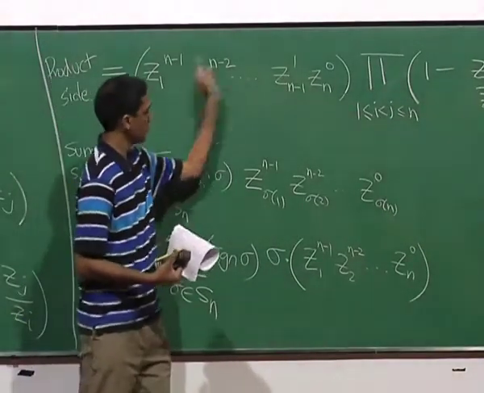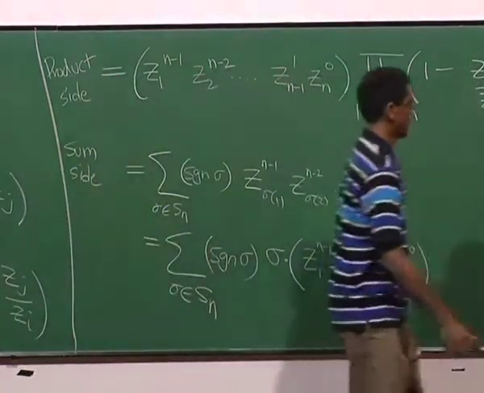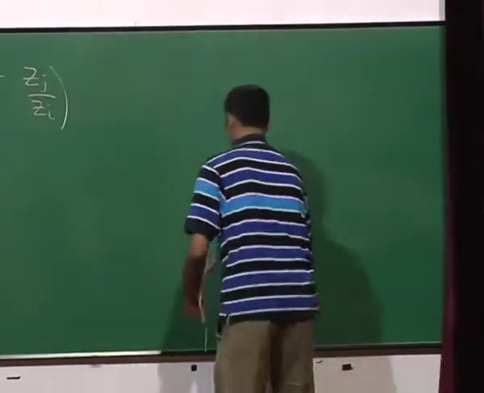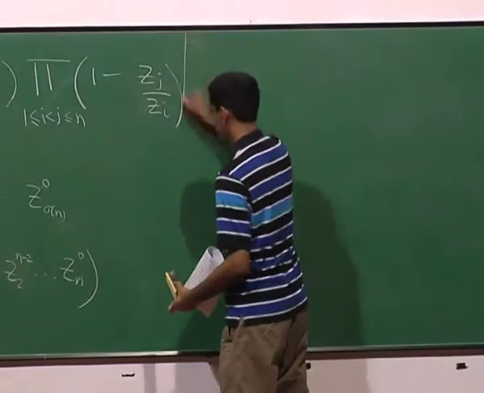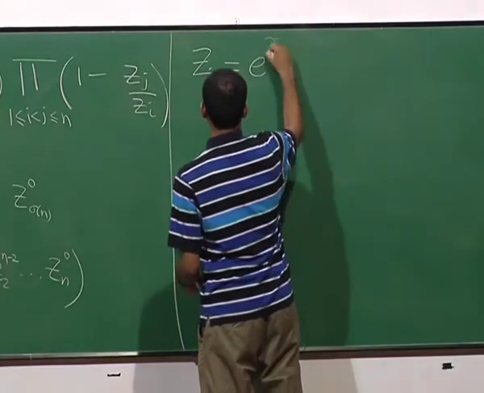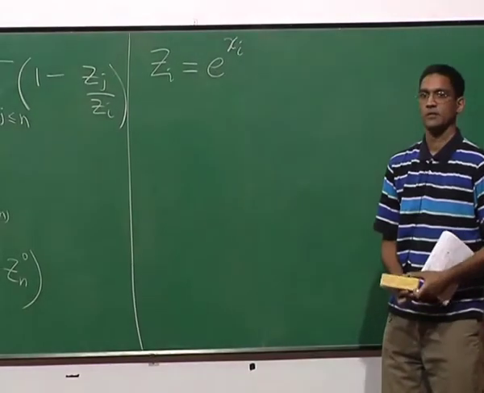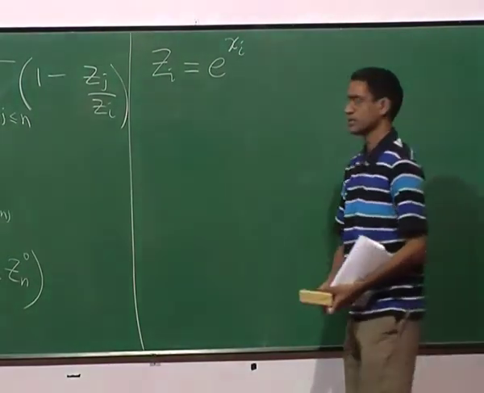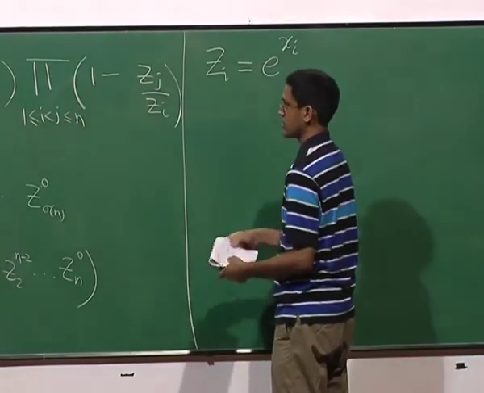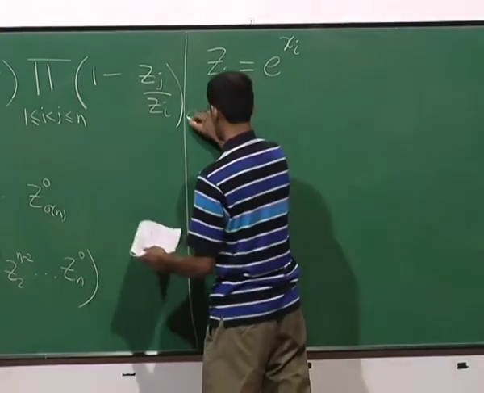So this term here will now play a role. Let me do one further manipulation to get it into the form I want. I'm now going to change variables. Instead of variables zi, let me take new variables xi, where zi is e to the xi. Of course I assume the z's are non-zero, so I can always find such x's. Now what do these two things look like?